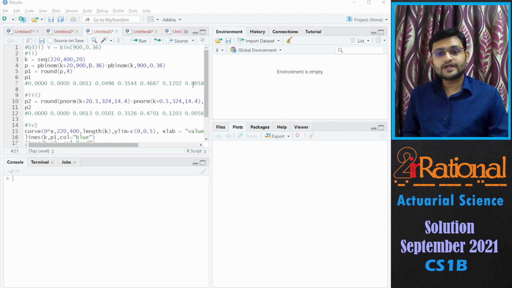Then for probability we are going to use the pbinom function. Pbinom from k plus 20, with these parameters, minus pbinom at k, because k is not included in the probability, whereas k plus 20 is included in the probability. Then we have to round it up to 4 decimal places. So I have made a separate function for round and I have named it P1. So these are our values. I can run and show you.